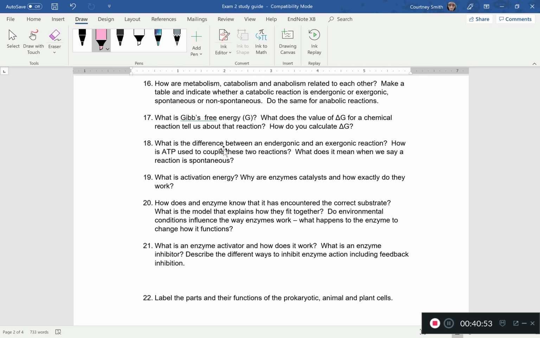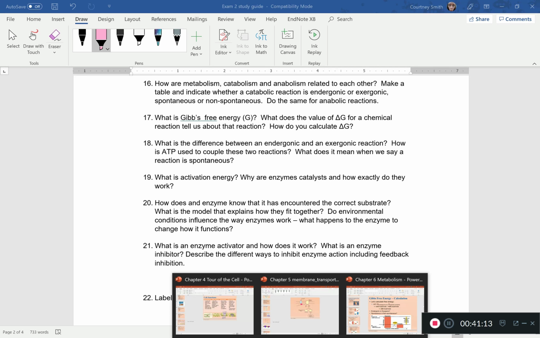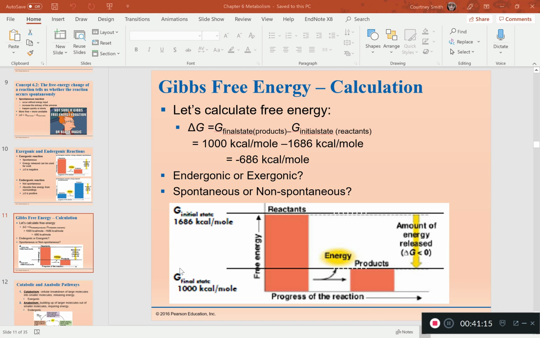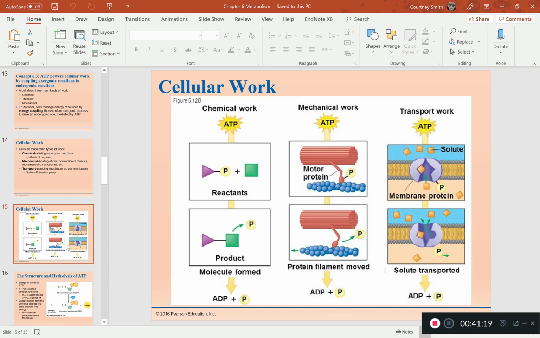Okay, so now that brings us to activation energy. What is activation energy? It is the minimal amount of energy that is needed to actually start a reaction. Now, with being able to define what activation energy is, you need to know the idea of enzymes.